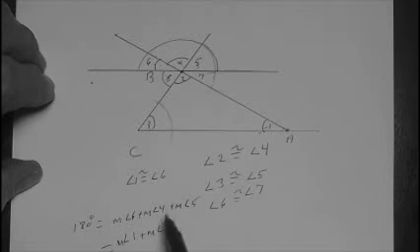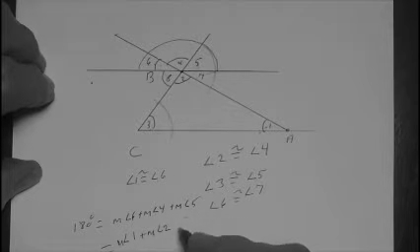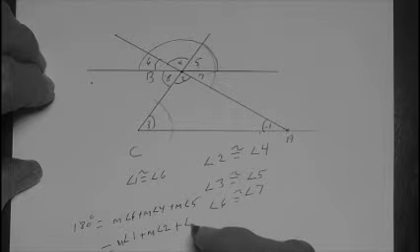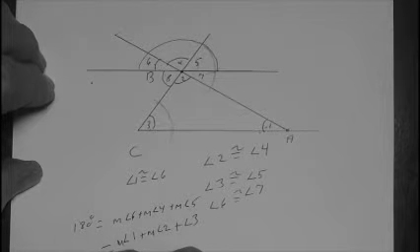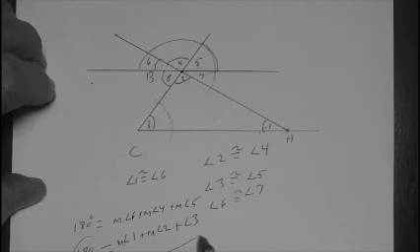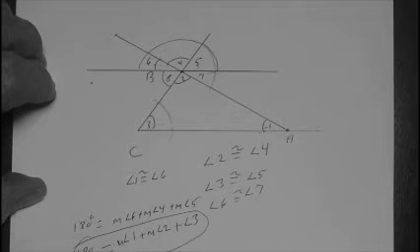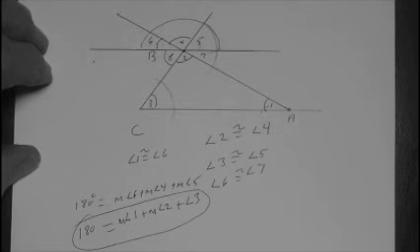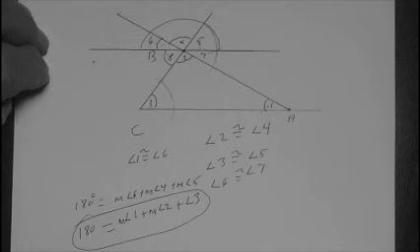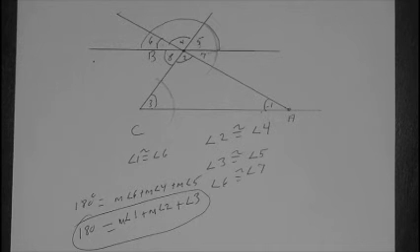They're corresponding angles, so I can take angle 5 out and put angle 3 in its place. And lo and behold, we have shown that the three angles of a triangle must add up to, you got it, 180 degrees, the same as a straight line. Now, isn't that amazing?